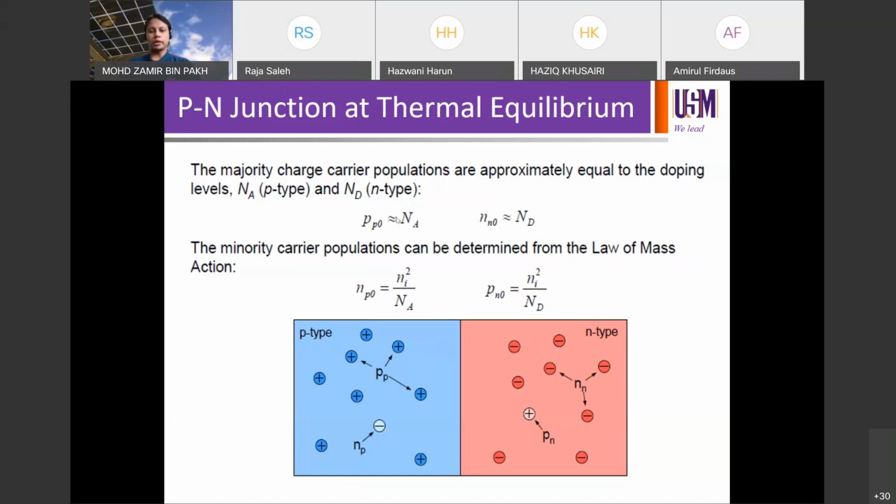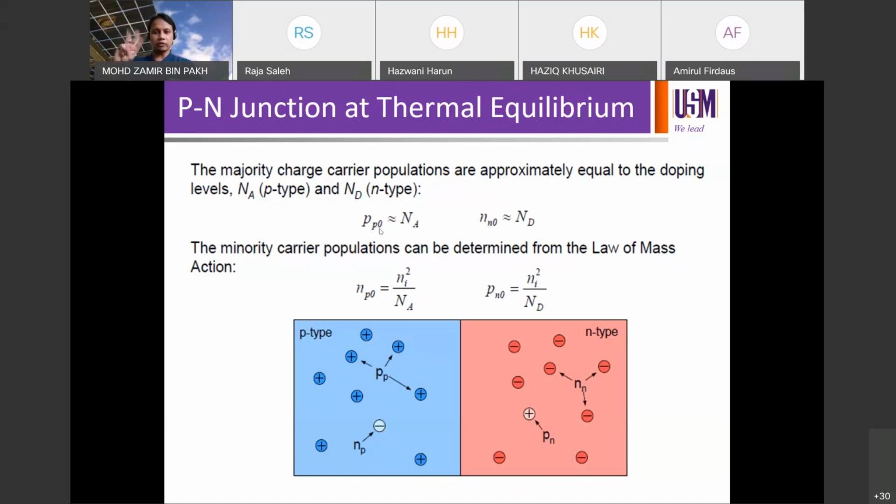So in thermal equilibrium condition, you can use P, the density of holes as majority, as Pp naught. Pp naught here means density of holes in p-type material at thermal equilibrium.